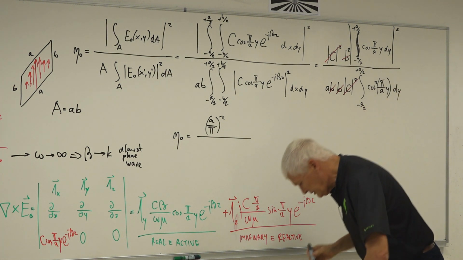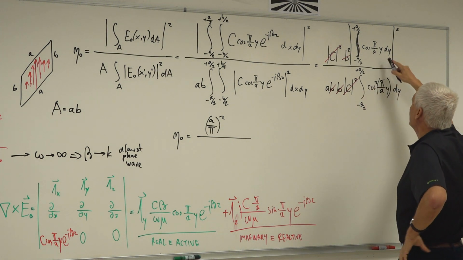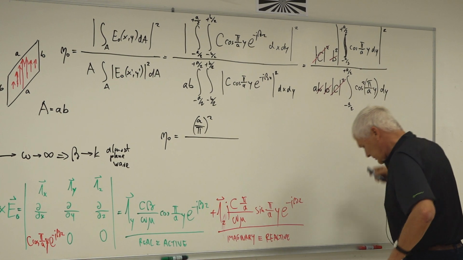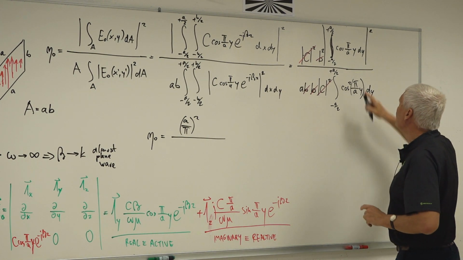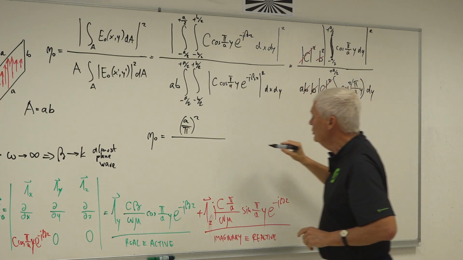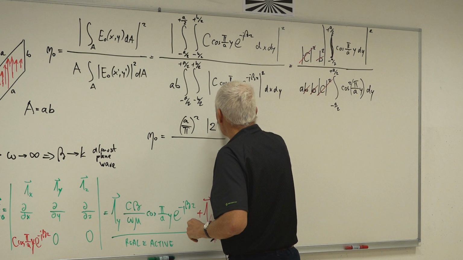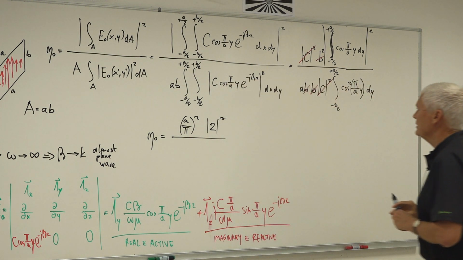The integral of the cosine is sine. And this sine goes from minus 1 to plus 1. So this integral is 2, absolute value squared.